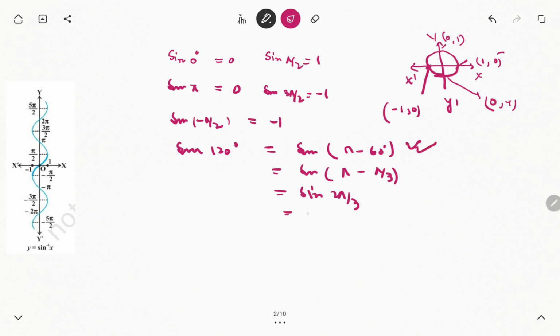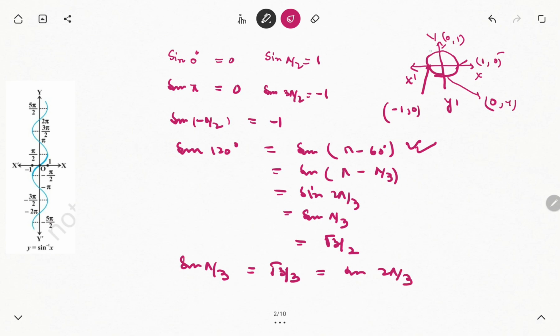From this I am taking. So this is sine pi by 3 value. And sine pi by 3 is what? How much is it? Root 3 by 2. Right? But sine pi by 3 is also root 3 by 2. Equal to sine 2 pi by 3.